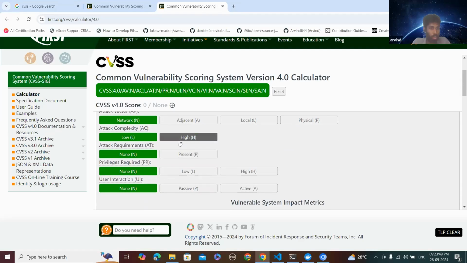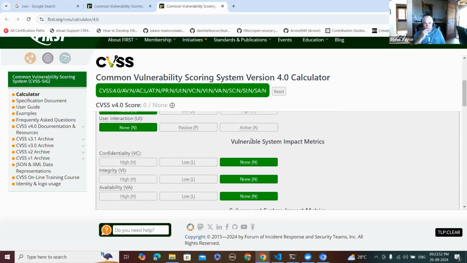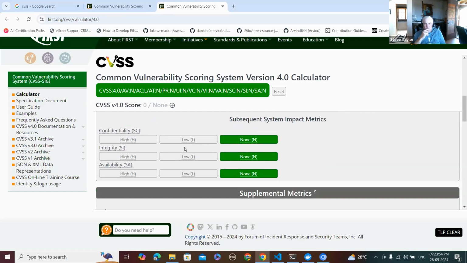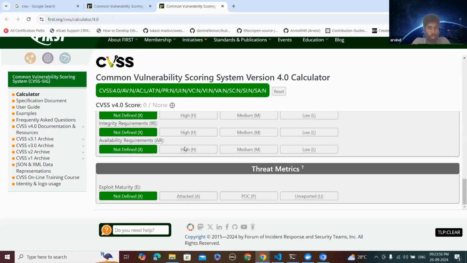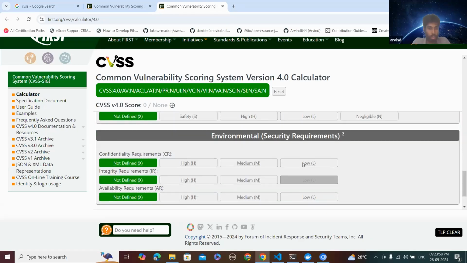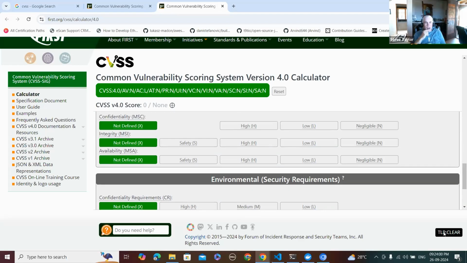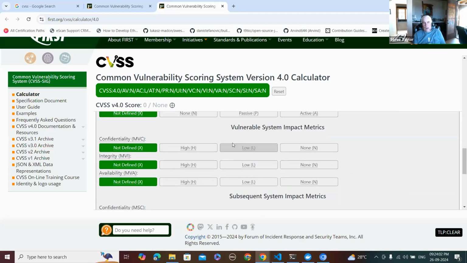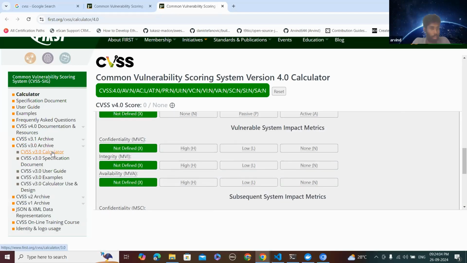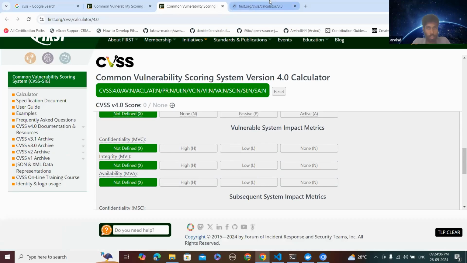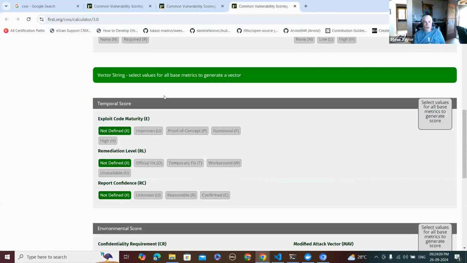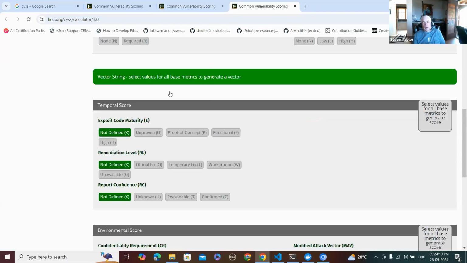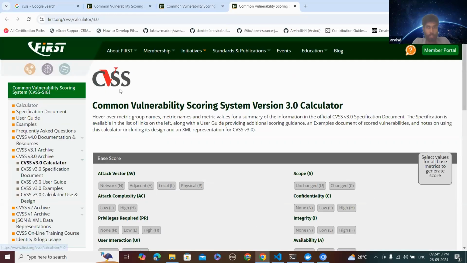It doesn't look like it has the score in the breakdown. But at the end of the day, it ends up giving you the output that you can work with.